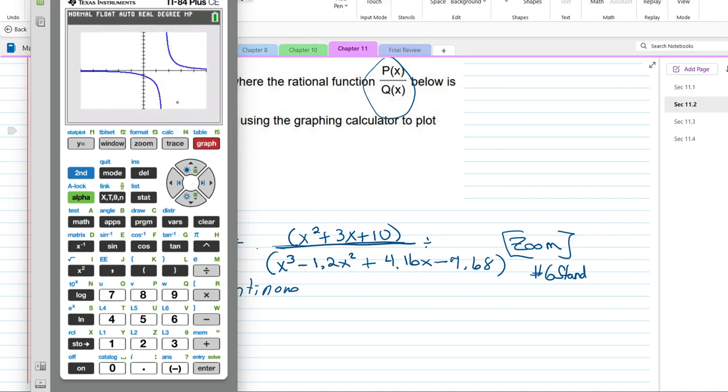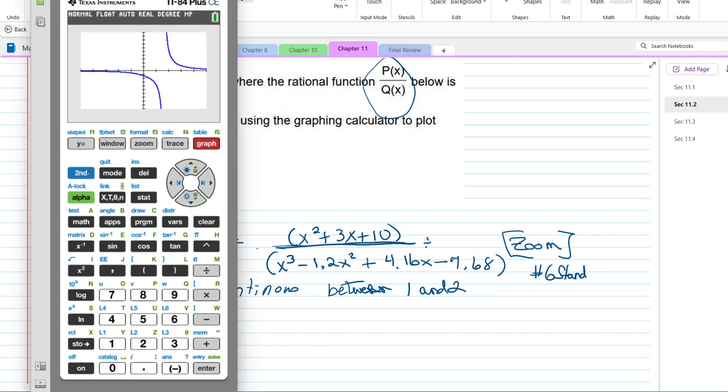So it might be between 1 and 2. It's somewhere in between 1 and 2, and we're going to try to figure out what it is. We're going to start at the half, because I think it's at the half. Let's try it.